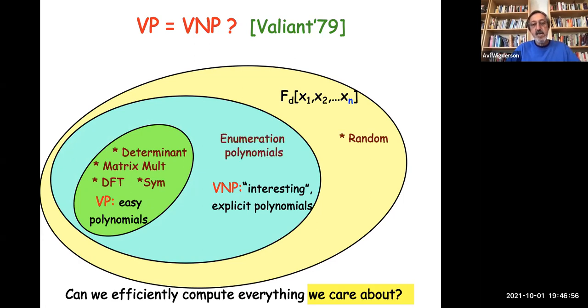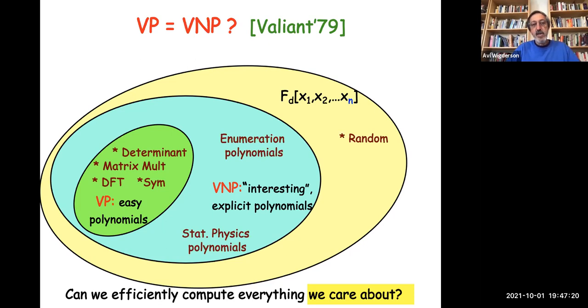Why? Because as I mentioned before, they capture many enumeration polynomials occurring in algebraic combinatorics, for example, and many problems in statistical physics, and as I mentioned, in knot theory and many other areas of mathematics.